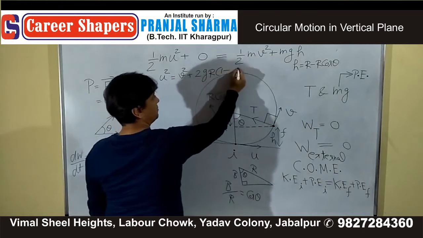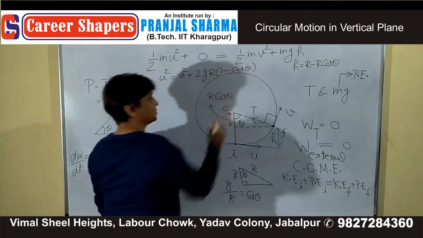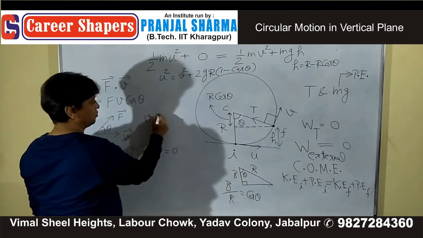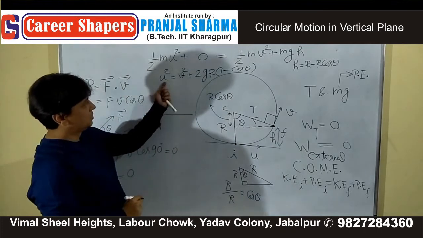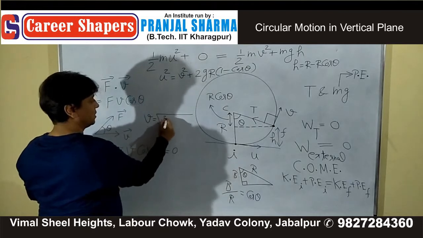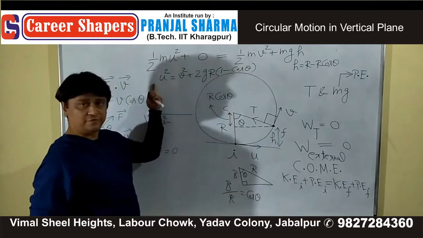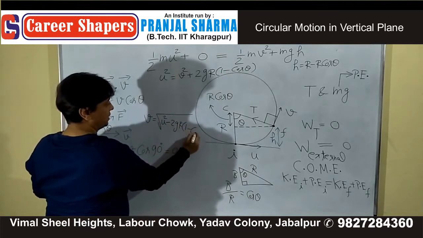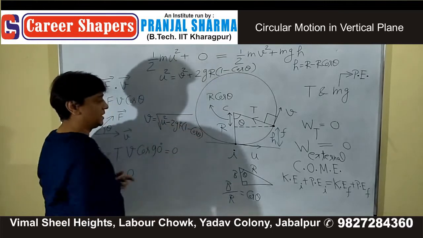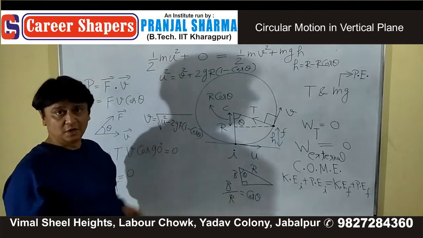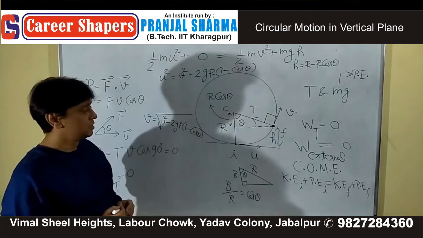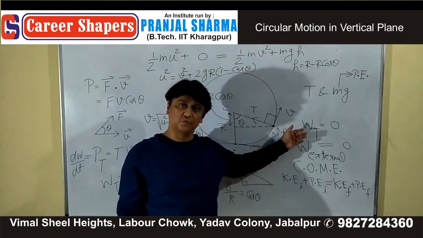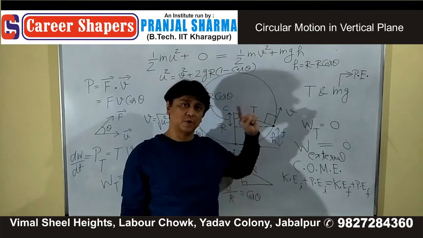R into 1 minus cos theta, and that gives us v as root over u square minus 2gr into 1 minus cos theta. Same result without any integration, just with the help of this concept of work, which we learned in work power energy.